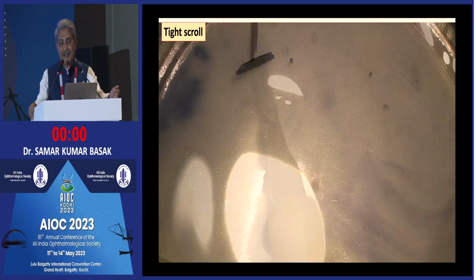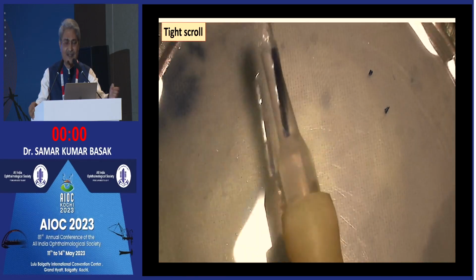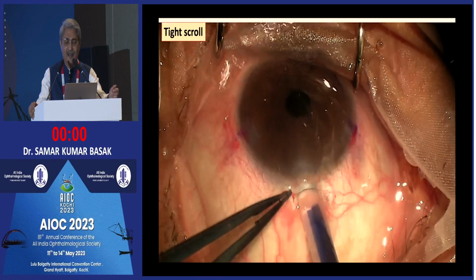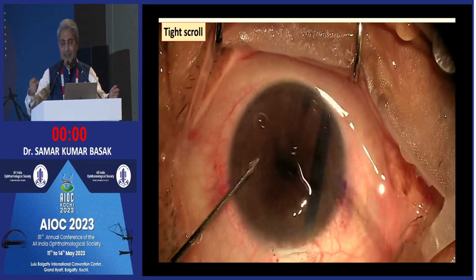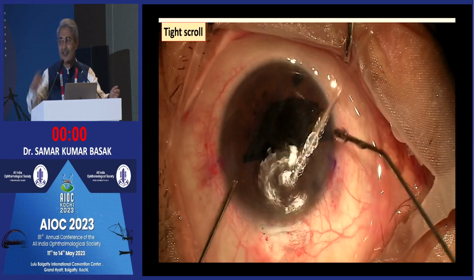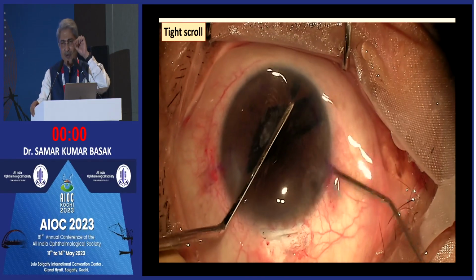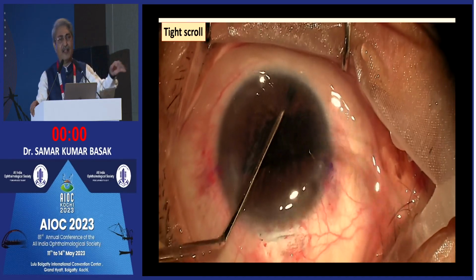Sometimes there is a tight scroll. So I have a different mechanism. This is a 37 years old donor. I give a short burst type of injection, not a slow injection, so that it hits the other angle and opens a little. When it opens a little, you get one edge.